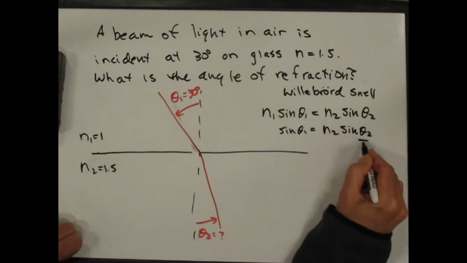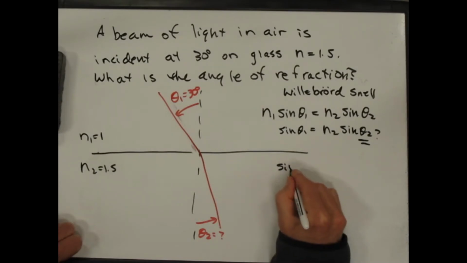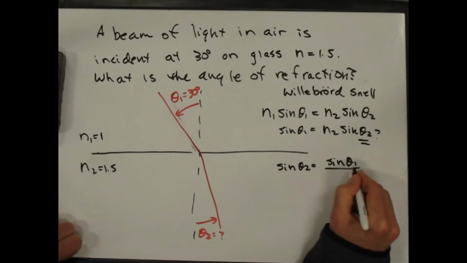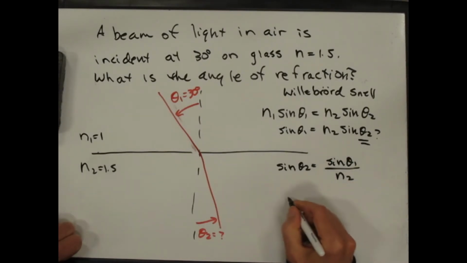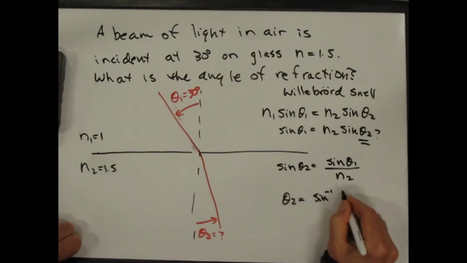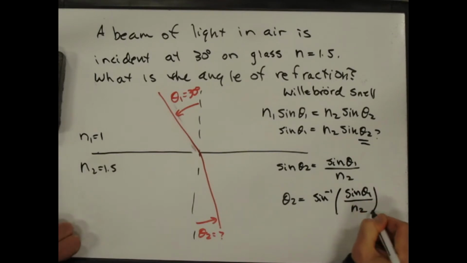We're looking for this angle, so sine of theta 2 is equal to sine of theta 1 over N2, and theta 2 is equal to sine inverse of sine of theta 1 over N2.